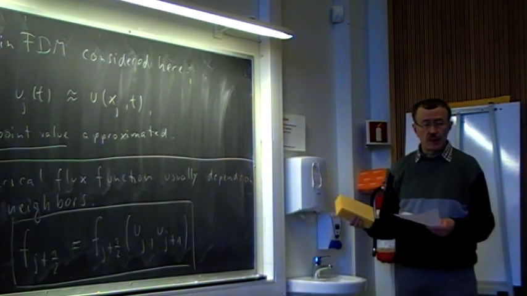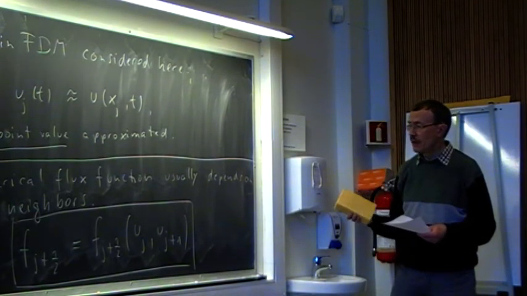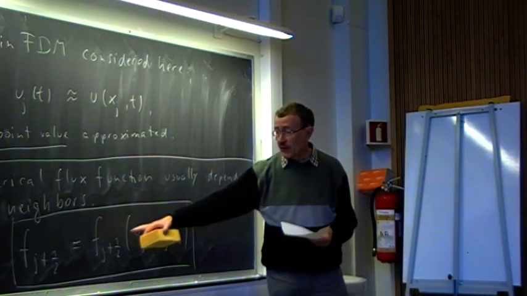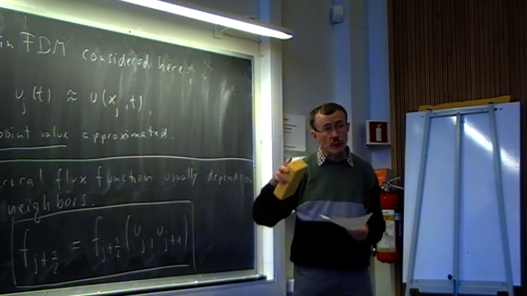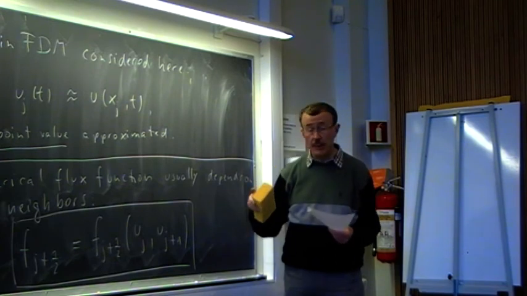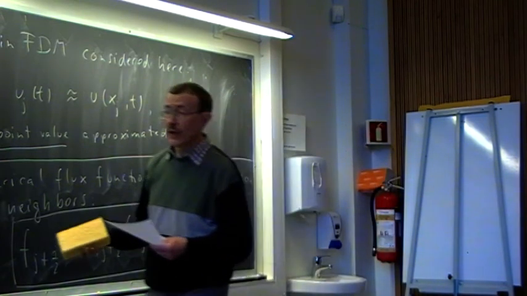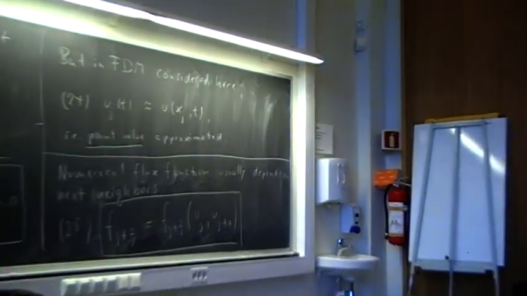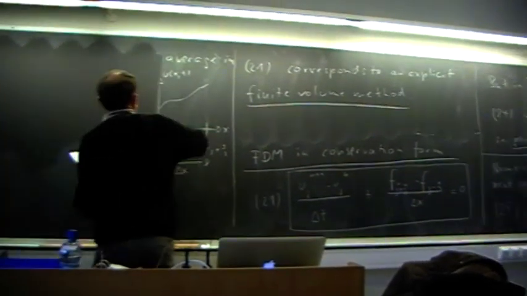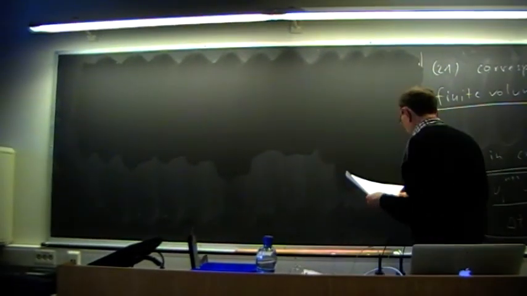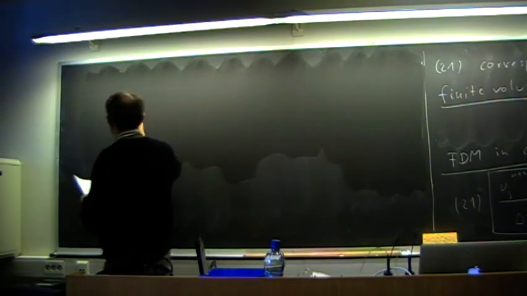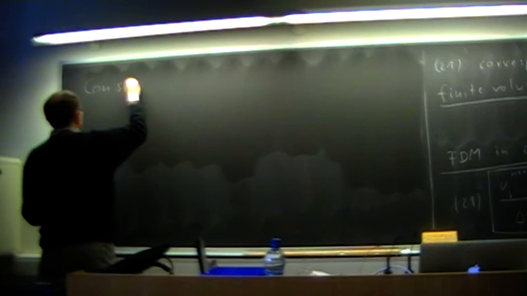What is our requirement? We saw from the integral derivation that these numerical flux functions should approximate the correct flux function, capital F. That is the requirement, and that is what we then require for consistency.